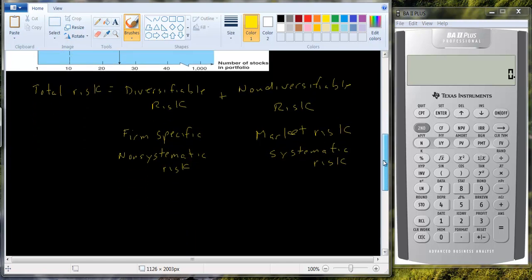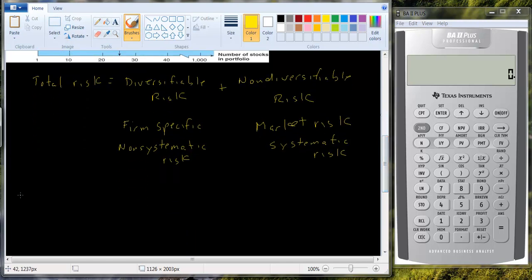In finance, we make an argument that we should only reward risk you can't get rid of. Risk should be rewarded with higher expected return.